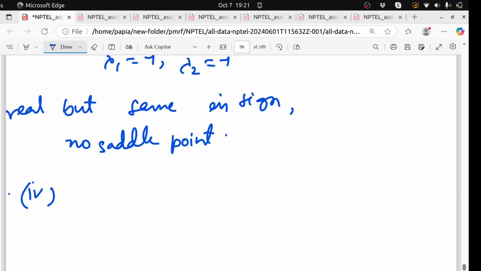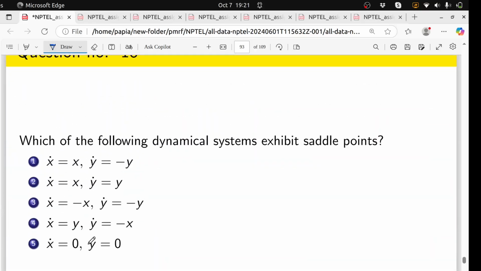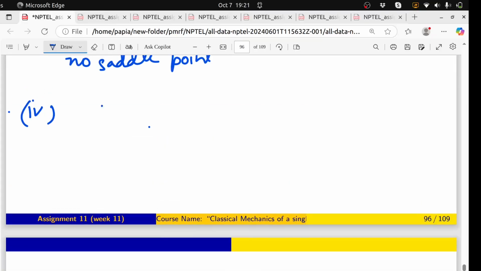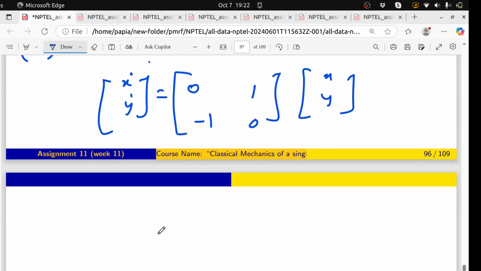Now coming to the fourth option. Fourth option is x dot equals y, y dot equals minus x. So x dot, y dot equals the matrix 0, 1, minus 1, 0 times x, y. For this case, lambda 1 plus lambda 2 equals 0, and lambda 1 times lambda 2 is 1.